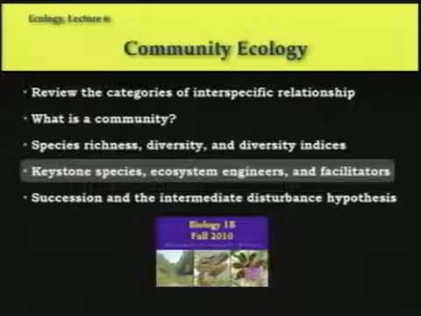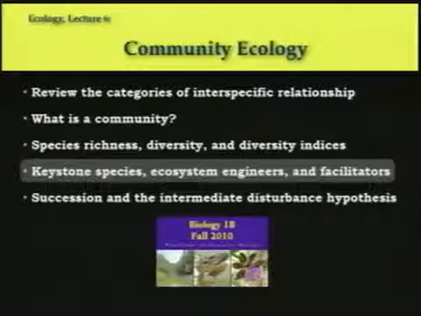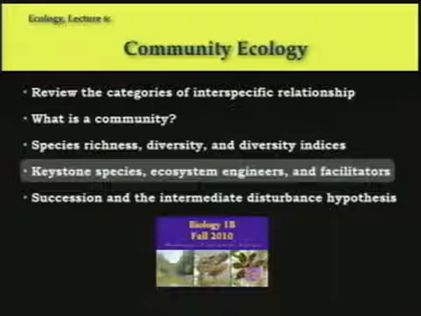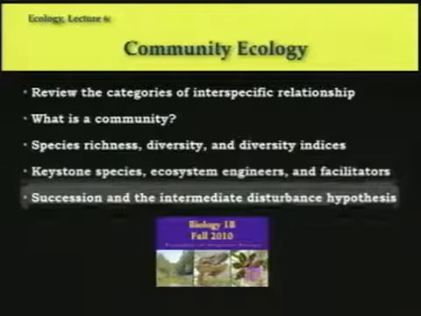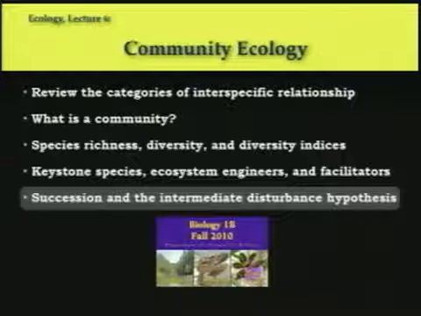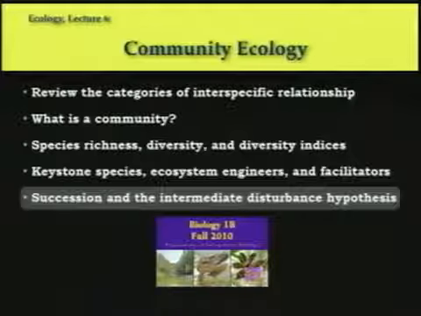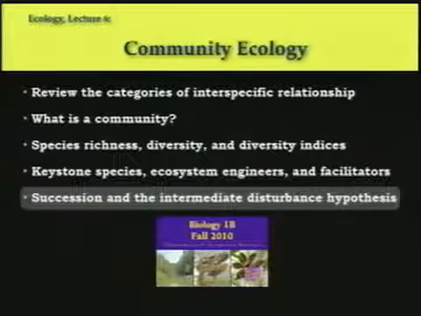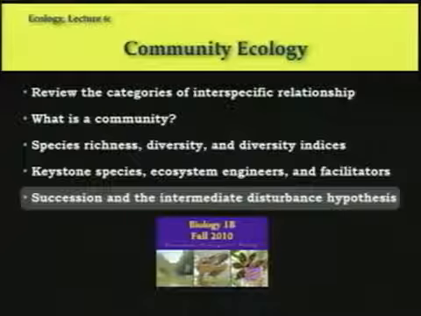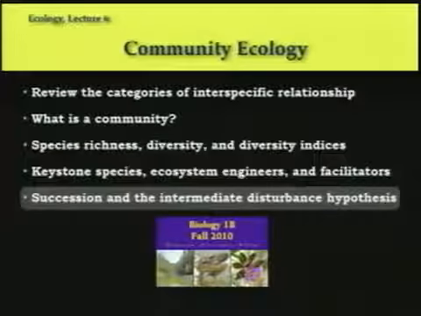We will look at these categories of keystone species, ecosystem engineers, and facilitator species, particular types of species in communities that have a major structural role in those communities. And then we will finish with a discussion of the very important topic of community succession and focus on disturbance and its role, the role of physical disturbances in community succession.